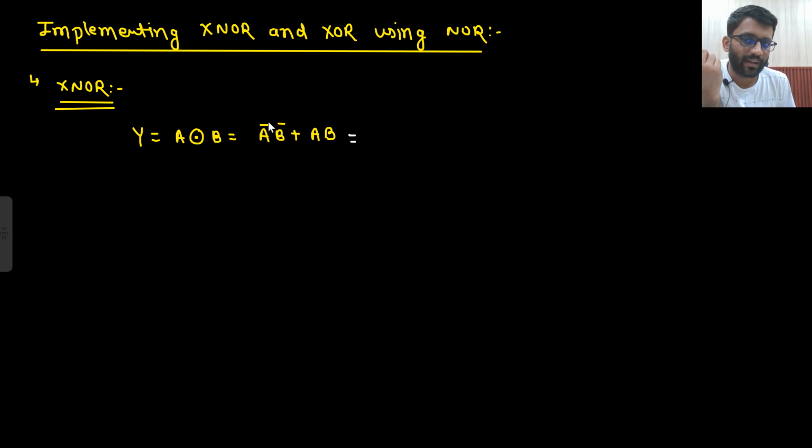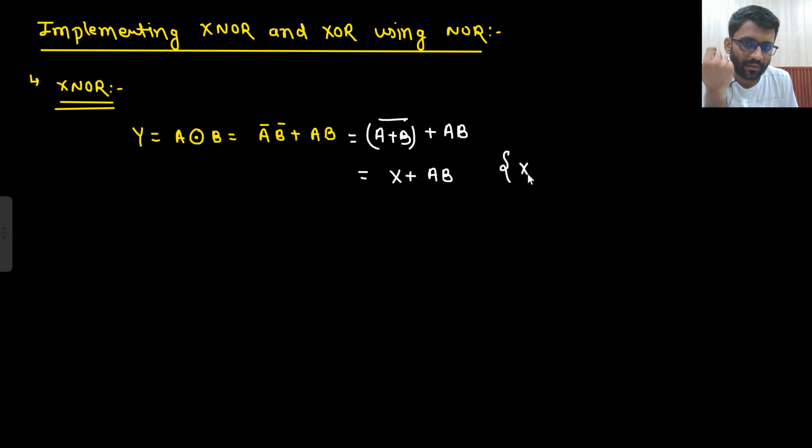So what can I do about it? A bar B bar plus AB. I can replace this as (A plus B) bar plus AB. And if I assume (A plus B) bar as X, so it would be (X plus A) into (X plus B).